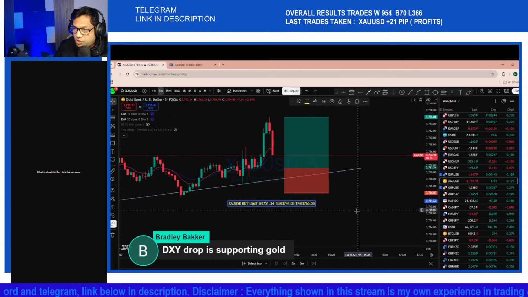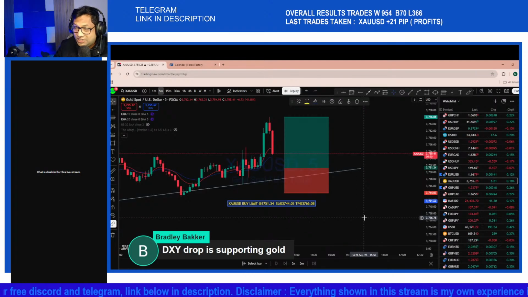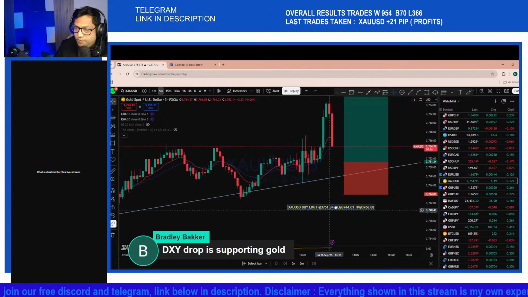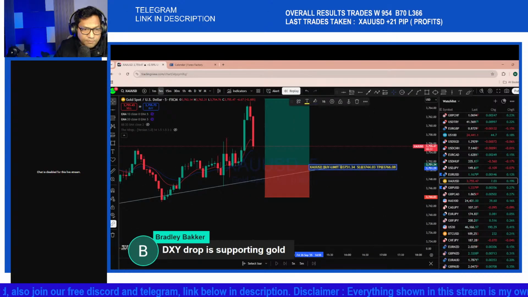New buy limit at 3751.34, stop loss at 3744.03, and TP target 3766.08. We can readjust our TP accordingly once the trade is active.